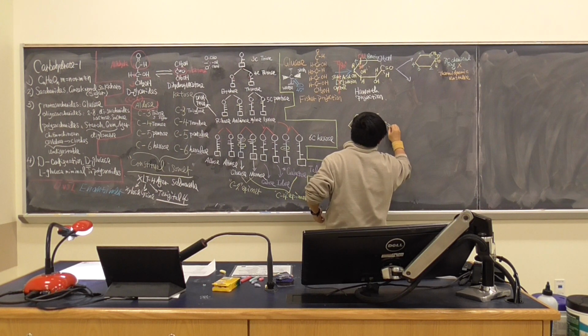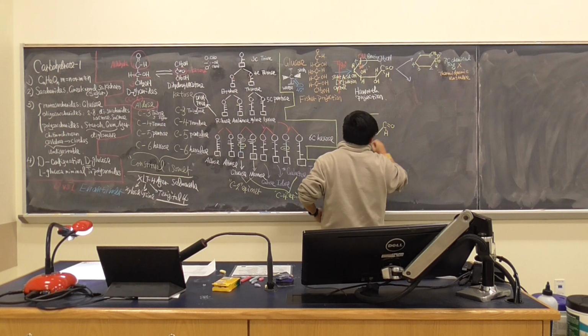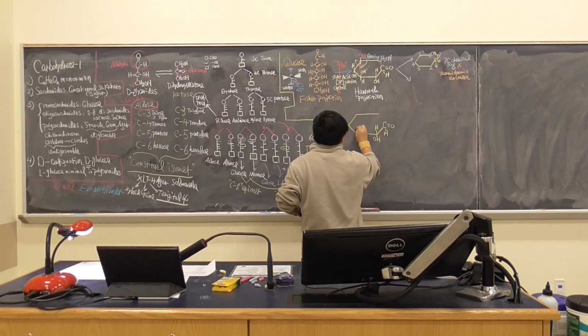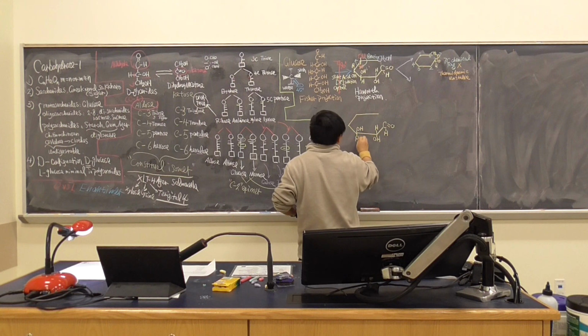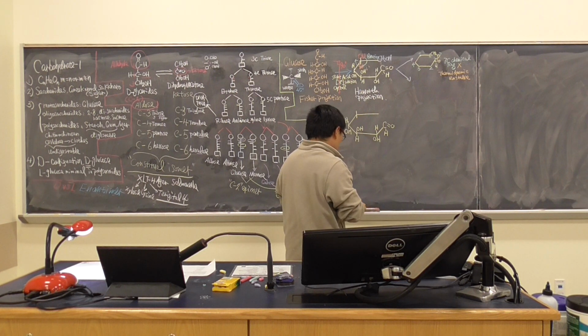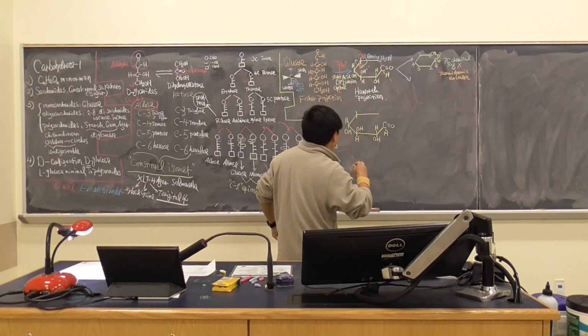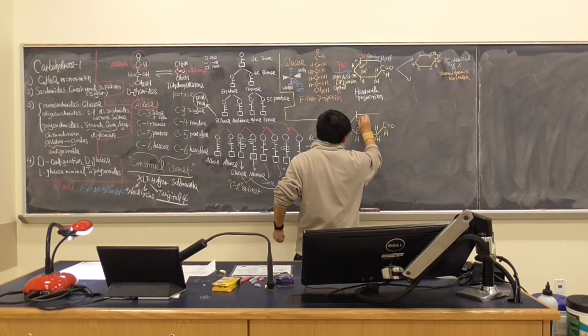CHO, and you have H, OH, OH, H, OH, H. So you go here. Once it's turned 90 degrees, even more than that, maybe some 120 degrees, this H goes down and this goes up.